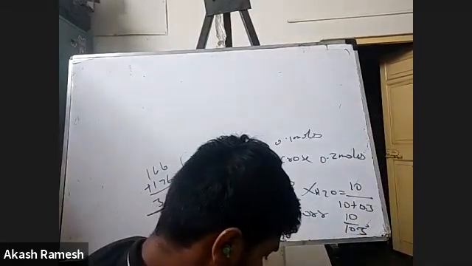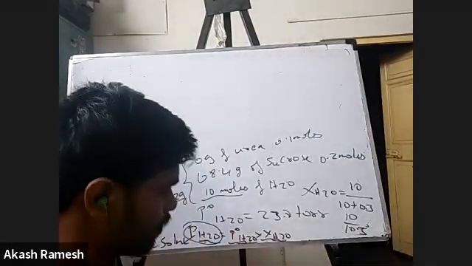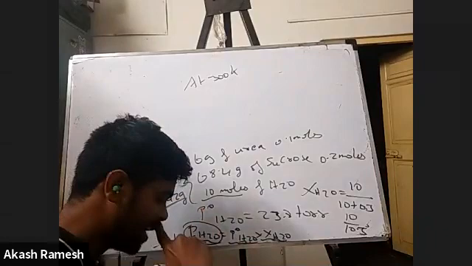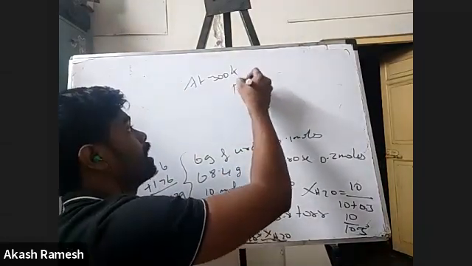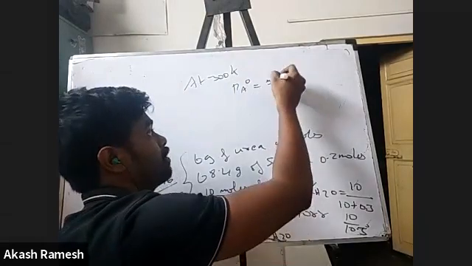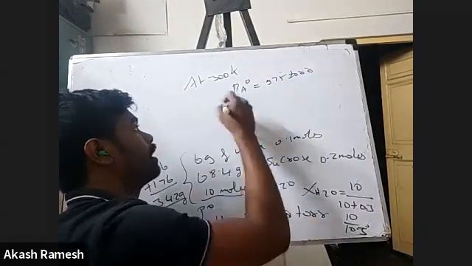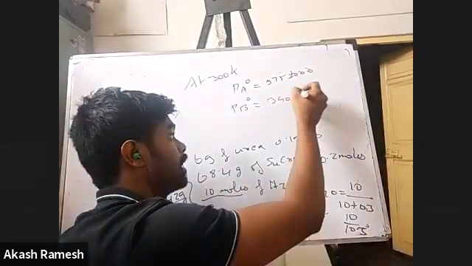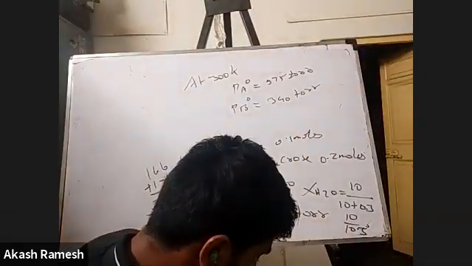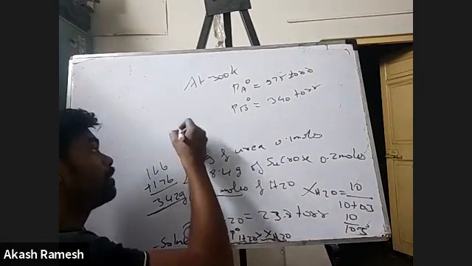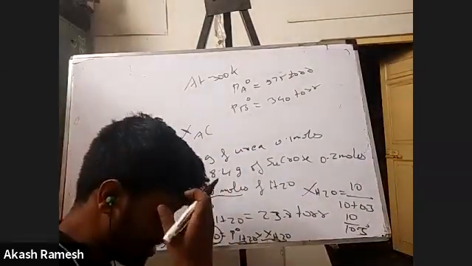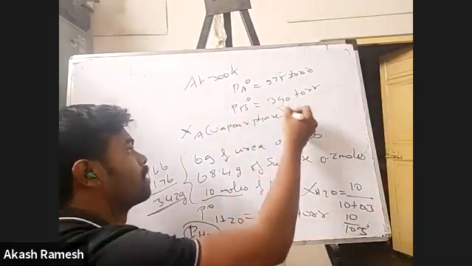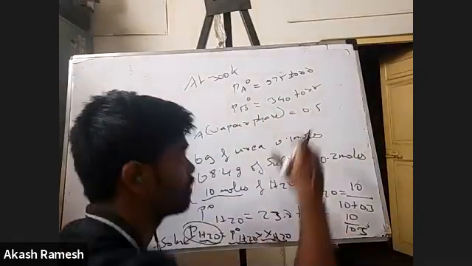Next question. So they have given at 300 Kelvin, I have a liquid which is A. The PA naught value is given to us as 575 torr, and there is another liquid B which is having a vapor pressure PB naught of 390 torr, and they are telling the mole fraction of A in vapor phase is 0.35.